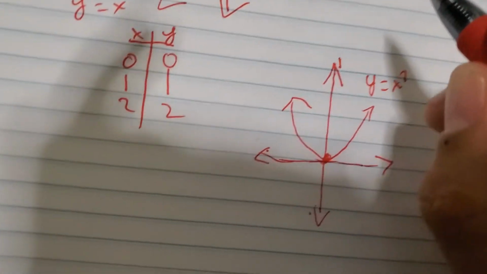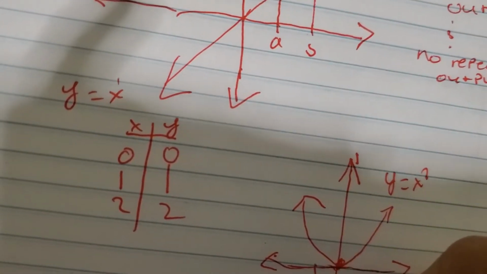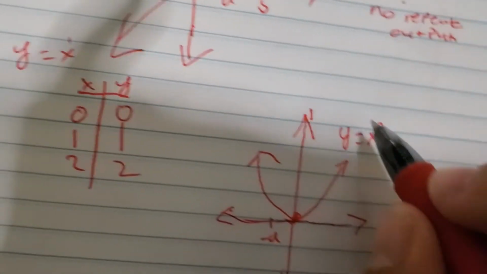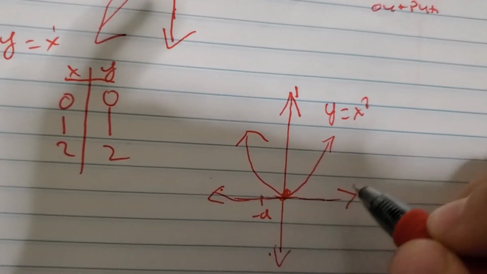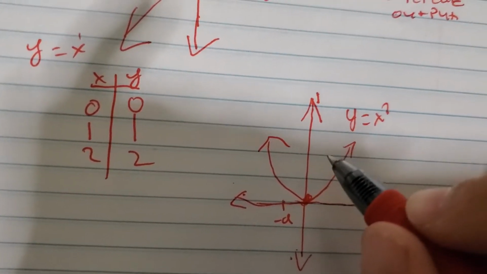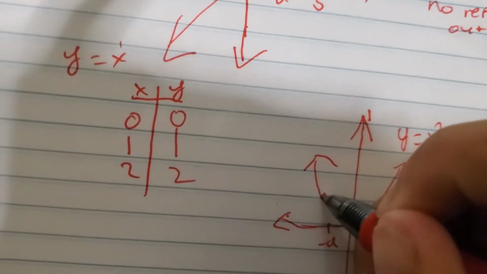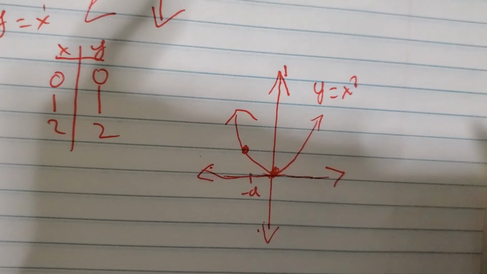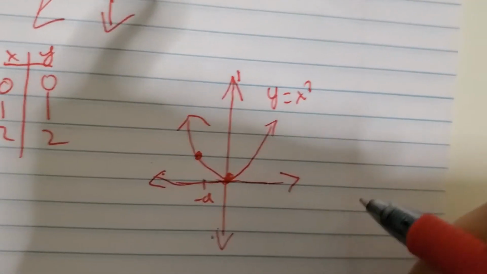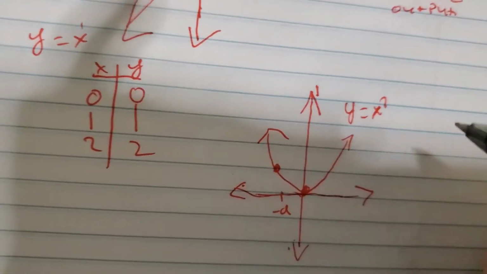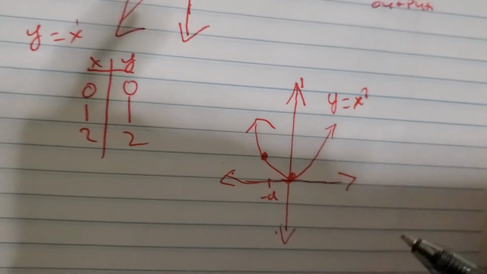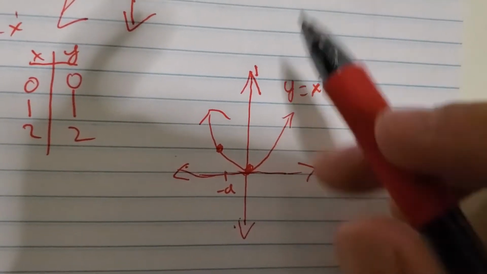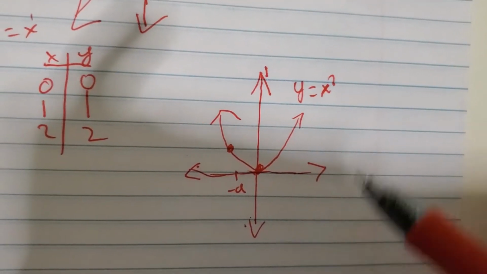At negative a, think about this: if we plug in a value a, it's going to be f of a on this side, and because of x squared, by the properties of polynomial functions, which we'll cover later in the playlist, it mirror images with respect to the y-axis.